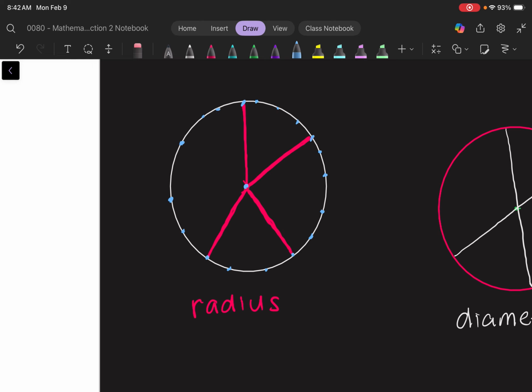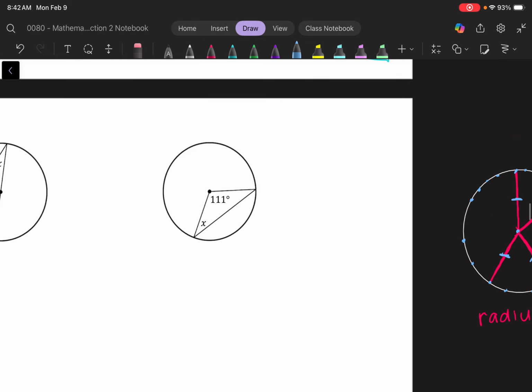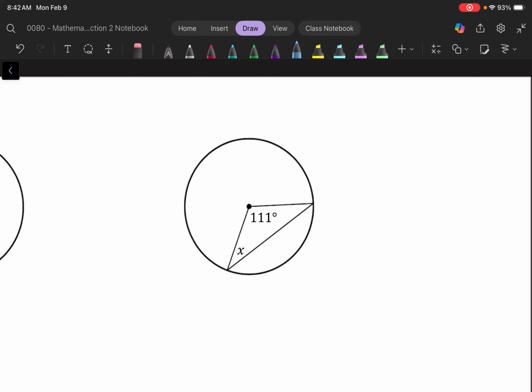And when I do that, I actually get all of the points that create a circle. But anyways, the point is that every single radius will be the same length, or congruent to each other. Now, the reason I want to point that out is when we get into, for example, this question.